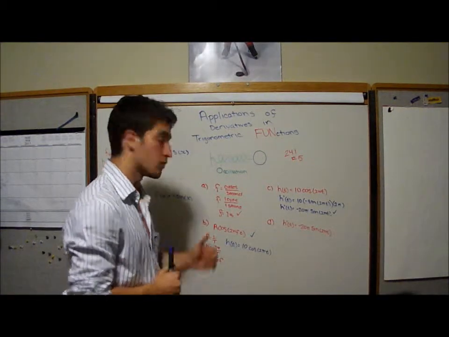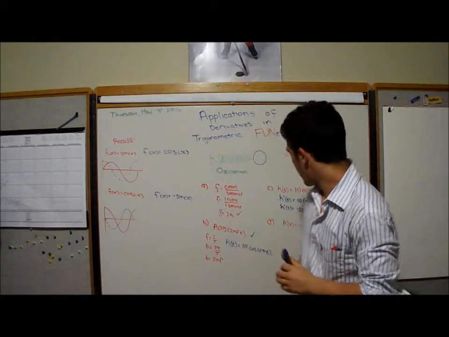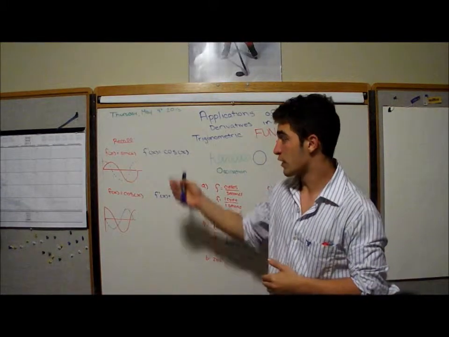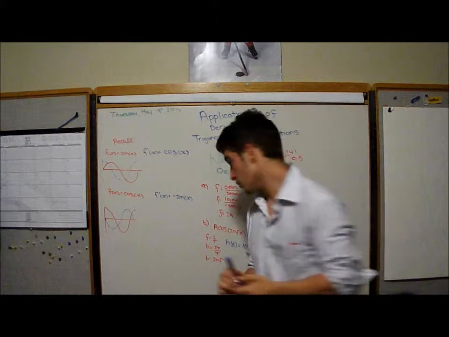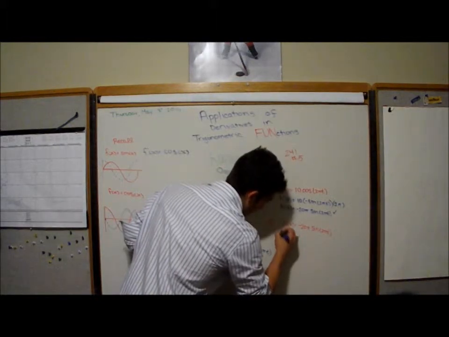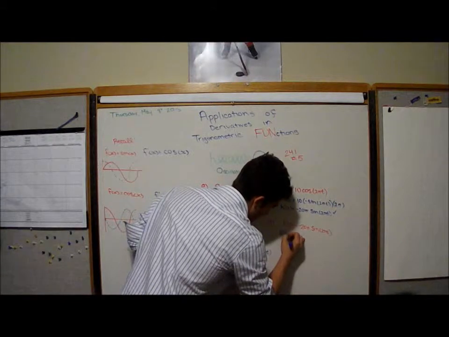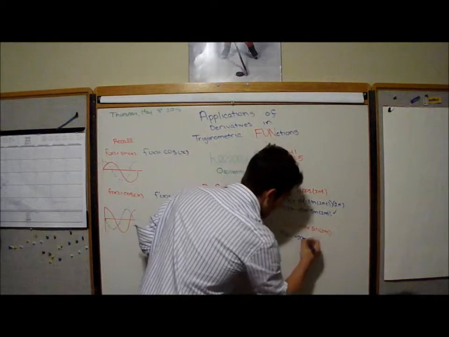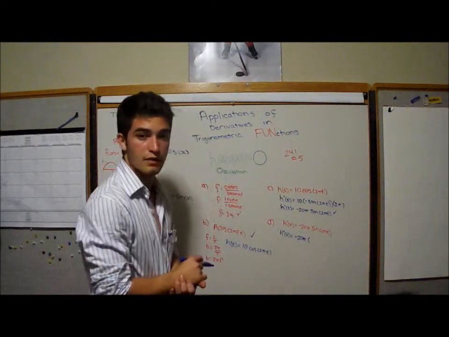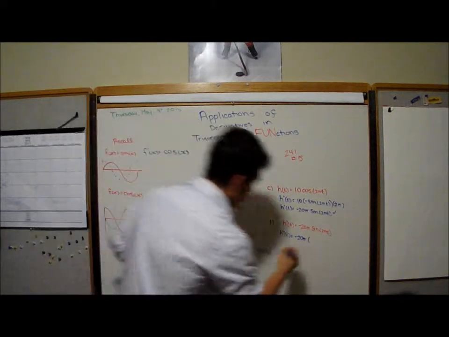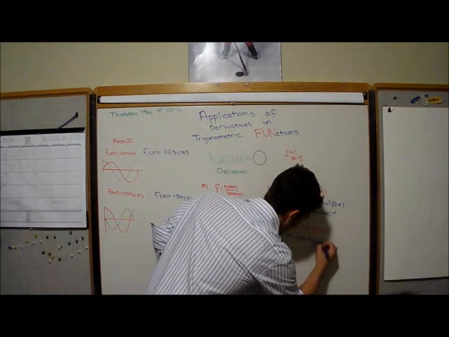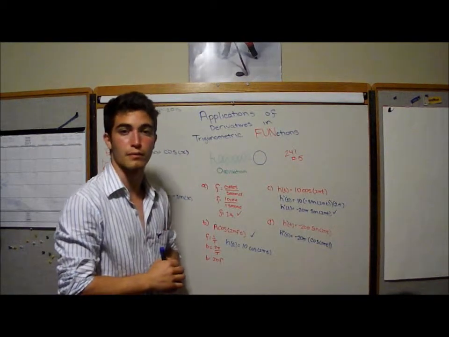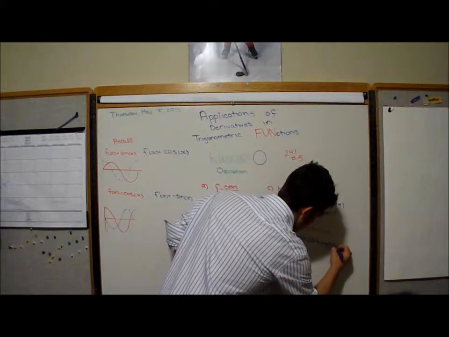So let's recall over here again. When we have a function of sine, the instantaneous rate of change of sine is a function of cos. So we're going to have h double prime t is equal to, we're going to start with our a value, negative 20 pi, times the derivative of sine, which we agree is cos of 2 pi t, times whatever is inside that inner bracket, which is 2 pi.